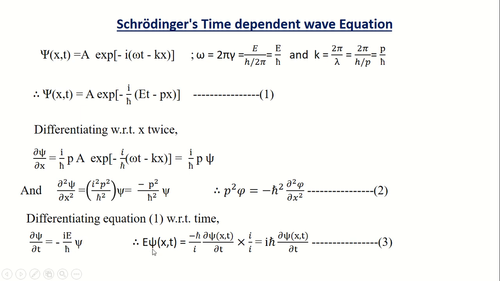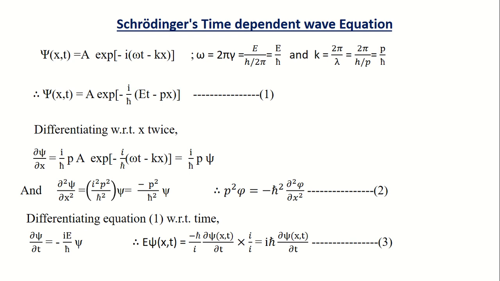E psi is equal to, now taking this minus h cross by i into dou psi by dou t to the other side, but I don't want this i in the denominator, so I have multiplied and divided by i. So i into i square, that is minus 1, minus minus becomes plus, and this is equal to i h cross dou psi by dou t. This is equal to E psi.